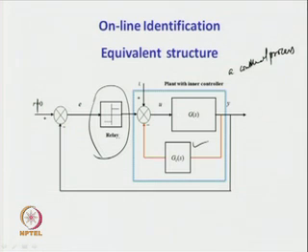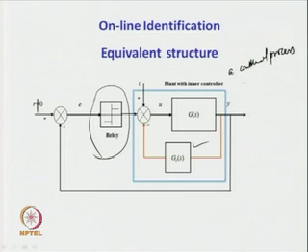Therefore, it is possible to estimate more than 2 parameters from this scheme also. With proper measurements of the limit cycle output signal, it is possible to estimate more than 2 unknown parameters of a transfer function model.